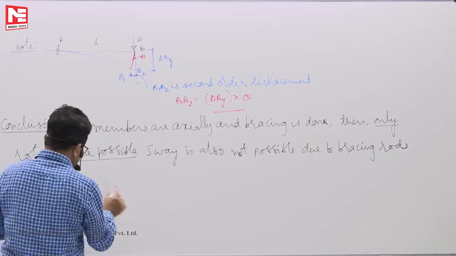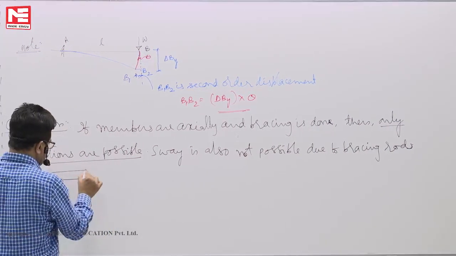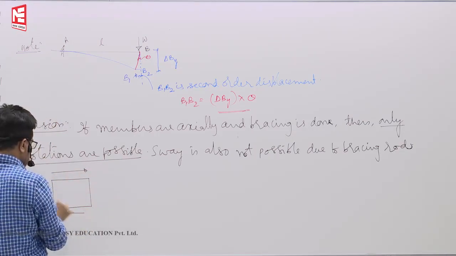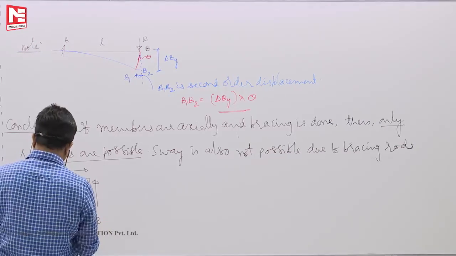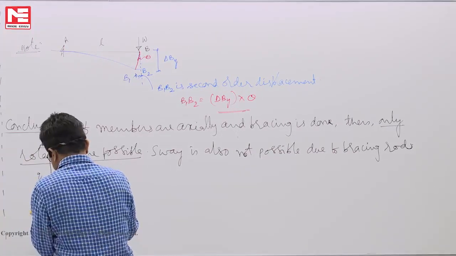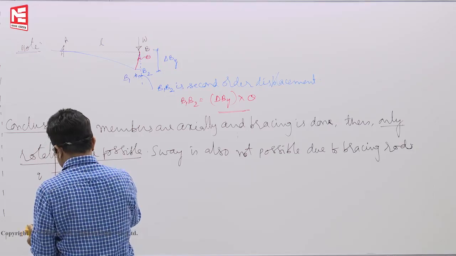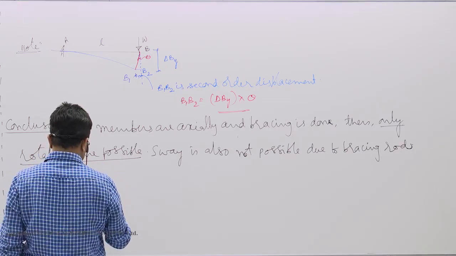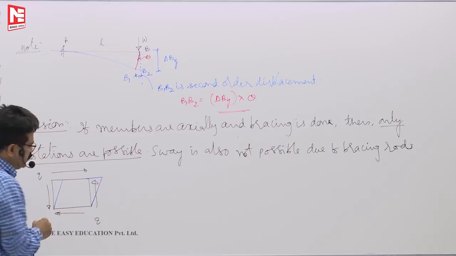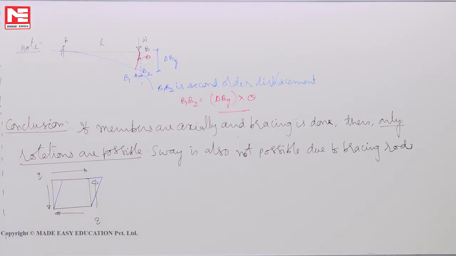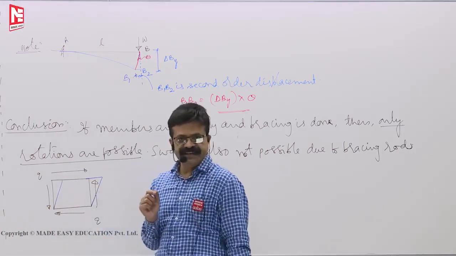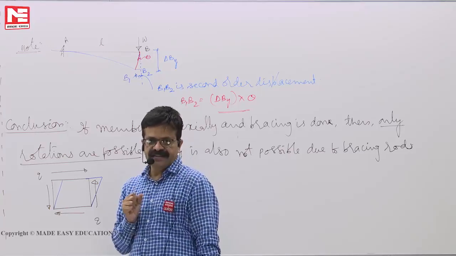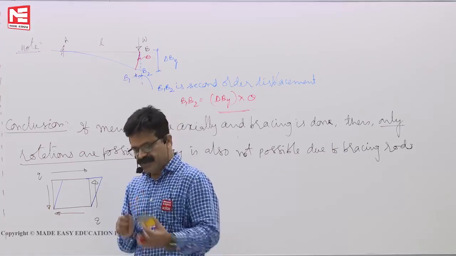Due to shear Q, it deforms like this, say. Sir told you, if an element is subjected to pure shear, one diagonal is under compression and one diagonal is under tension, called diagonal tensile stress and diagonal compressive stress.